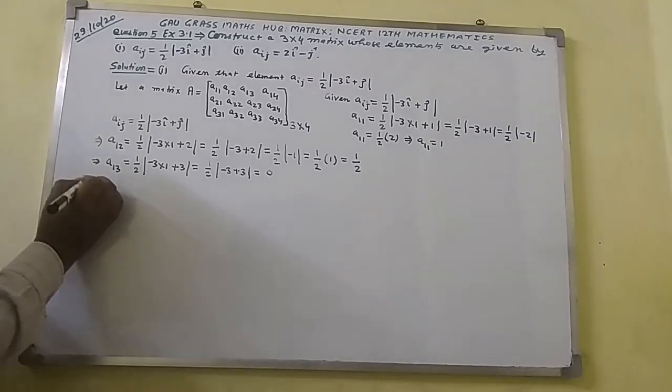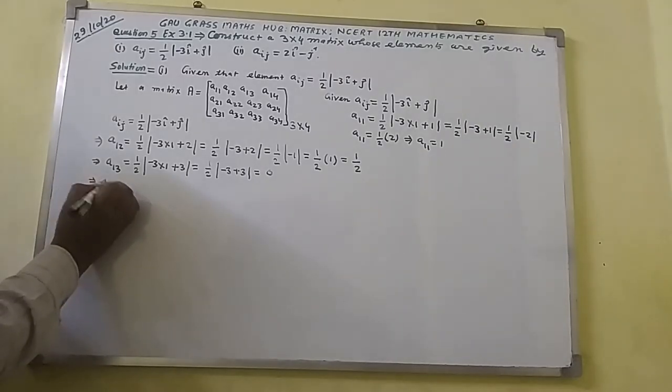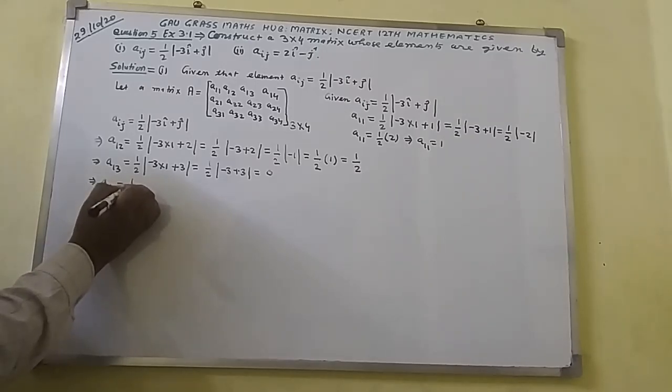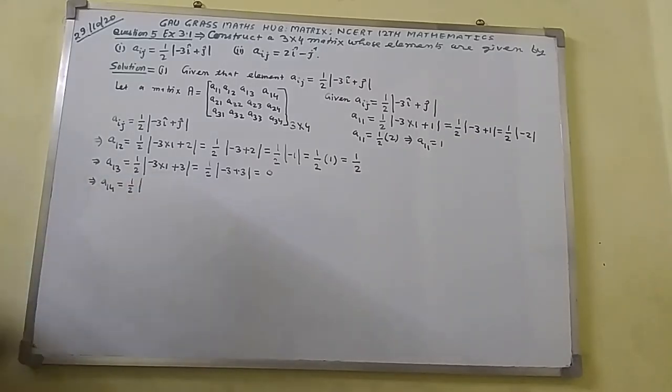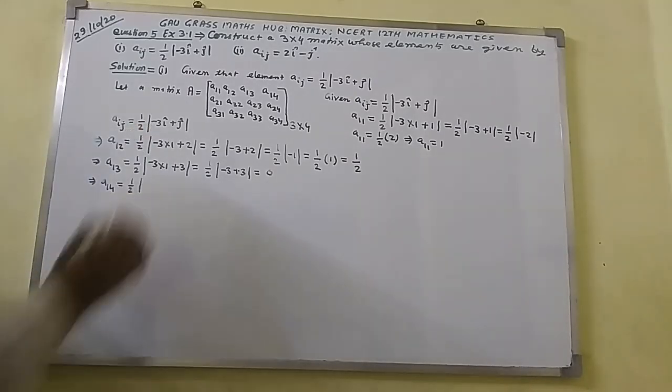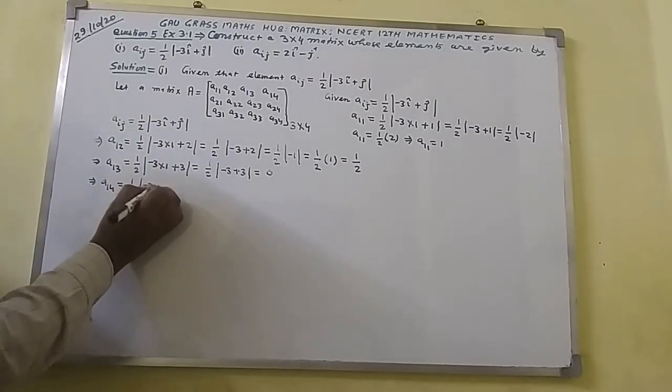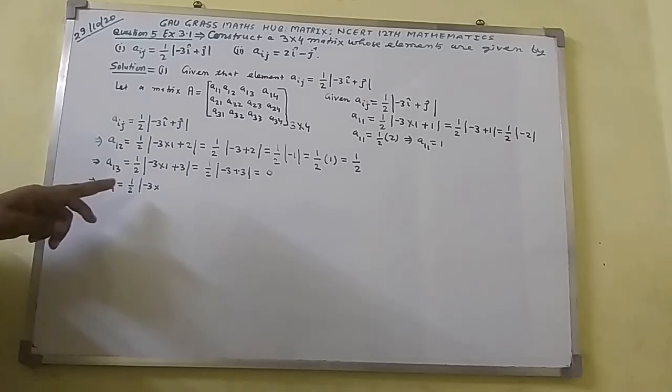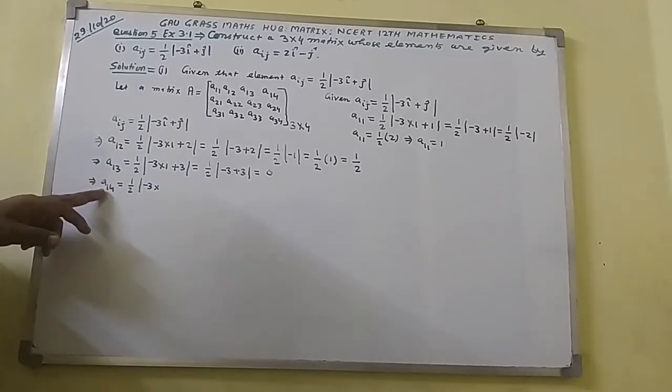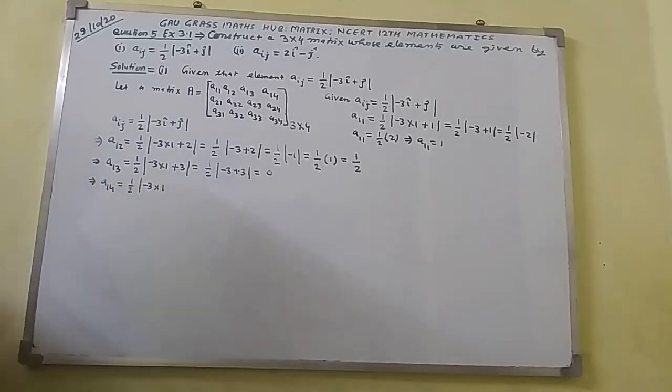Now come to the next element, A14. You have got 1 over 2 mod minus 3, in place of i I shall put the value 1, in place of j I shall put 4.